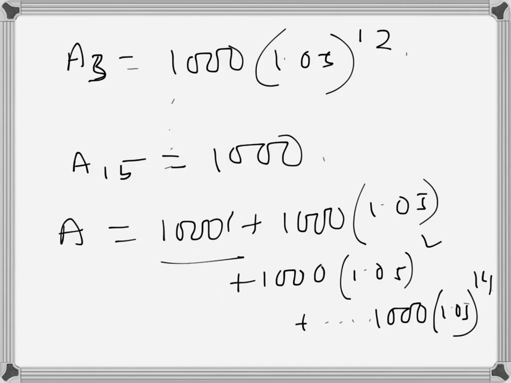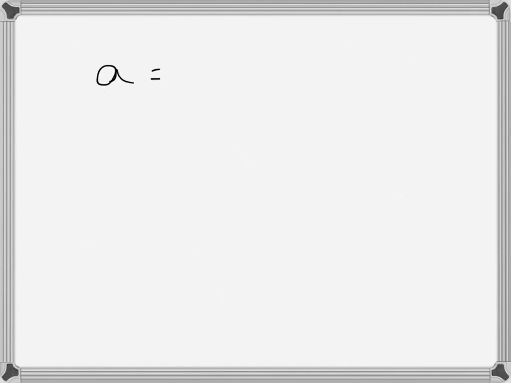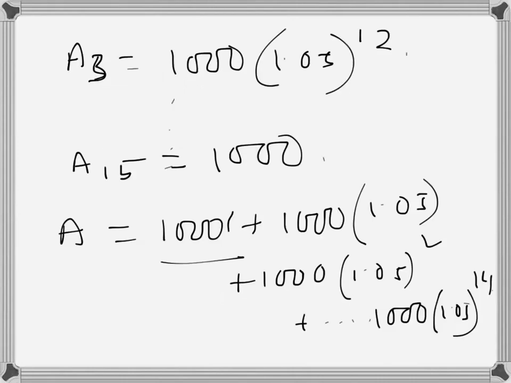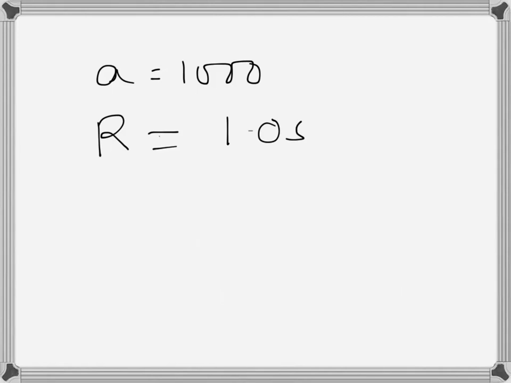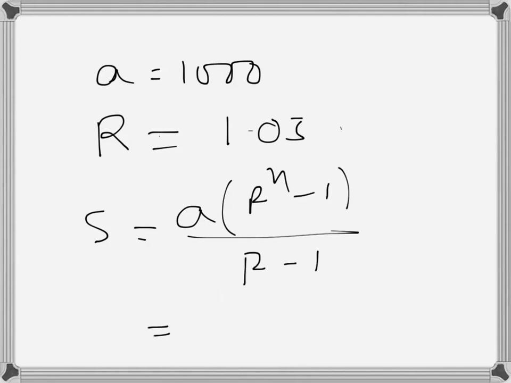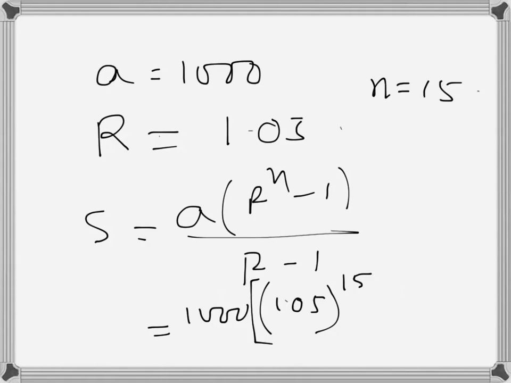Basically there are 15 terms, and a is 1000, the first term, and R is the common ratio. I'm using uppercase R not to confuse it with the interest rate. So R will be 1.05, so the sum will be a times R to the power n minus 1 over R minus 1, which is 1000 times 1.05 to the power 15, since n is 15 here, minus 1, over 1.05 minus 1.